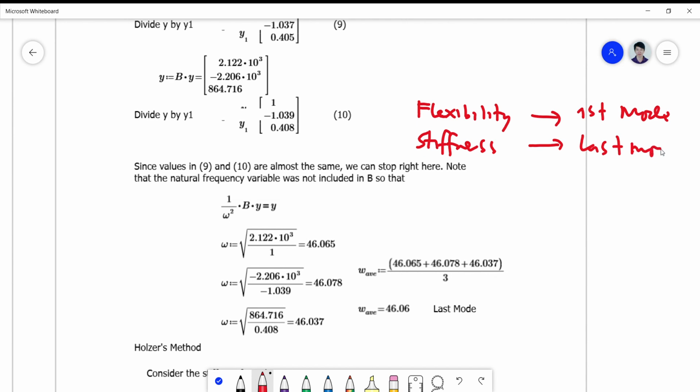In this case, it's the third mode of vibration. So that's it. In the next video, I will be discussing the Holzer method, which is a little bit different in principle from these two formulations I have just discussed.